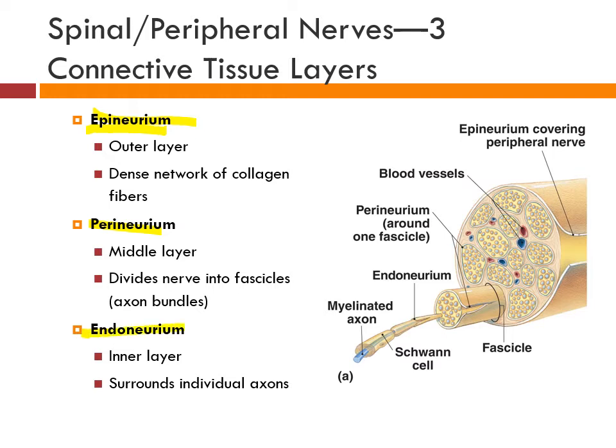Then the endoneurium is the inner layer, which surrounds the individual axon itself. Here we have one neuron with a myelinated axon, so you can see the Schwann cells that we talked about last week. The endoneurium is this portion right here that would be covering over the Schwann cells and wrapping around that entire neuron or axon.